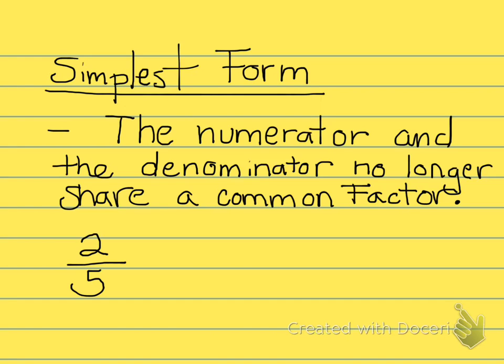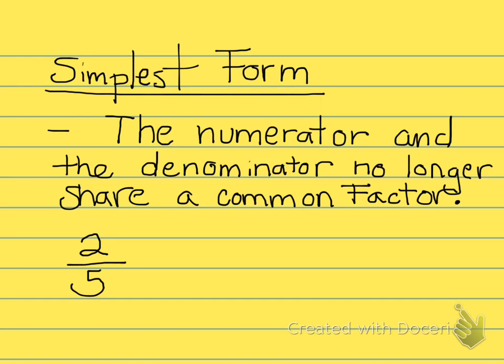The only way to make 2 is 1 times 2. The only way to make 5 is 1 times 5. Although they share the factor of 1, I cannot reduce it anymore because if I divide both by 1, I'll still end up with the same fraction.